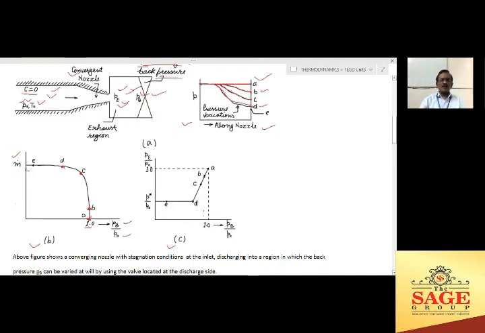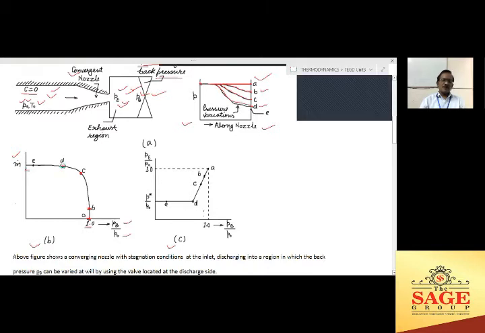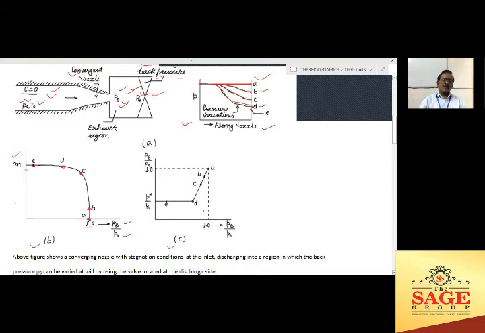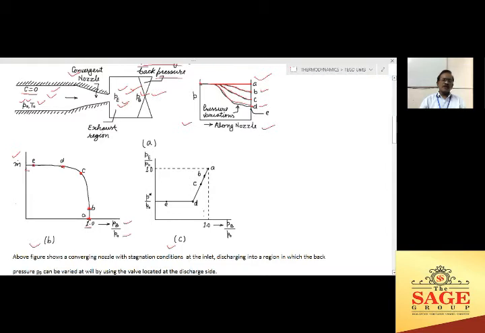What we are seeing here is that if we decrease the back pressure, the mass flow rate increases across the convergent nozzle. But at point D and also at point E, the mass flow rate is approximately the same.